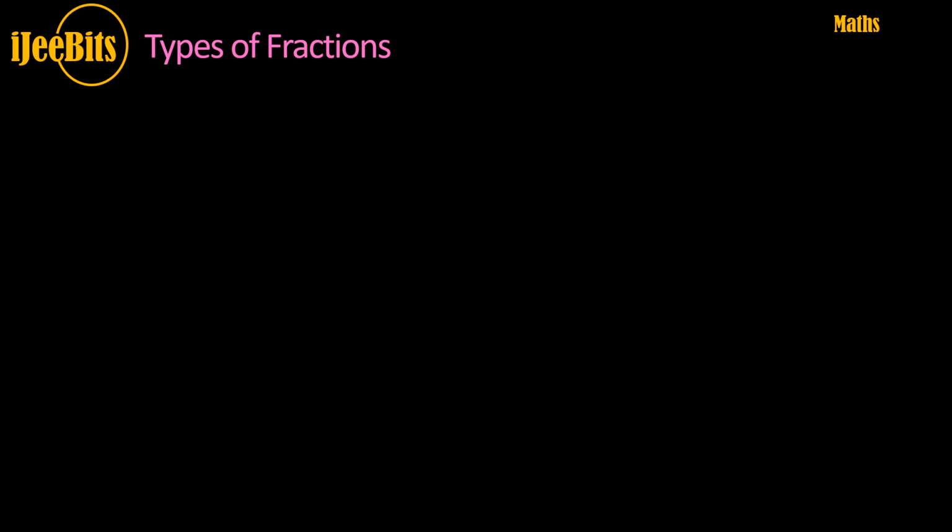Let's say we have two polynomials. f of x is one polynomial, g of x is another polynomial. Then the quotient of two polynomials is called a rational fraction, meaning when you divide f of x by g of x, you should get a fraction, agree?